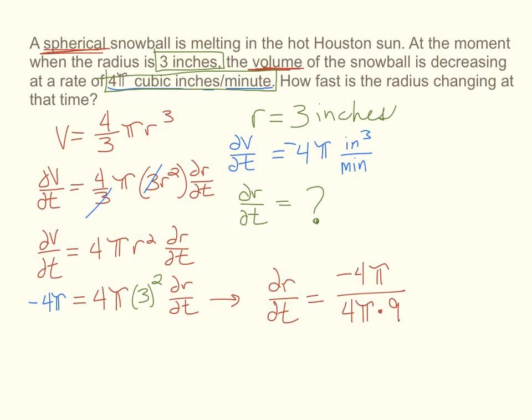From here, you can reduce 4 and 4 to 1. You can also reduce pi over pi to 1. So this leaves us with negative 1 over 9.